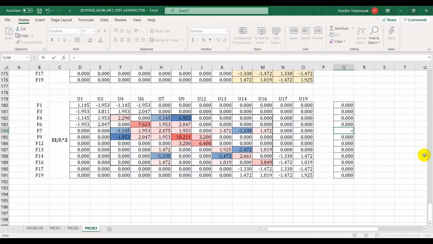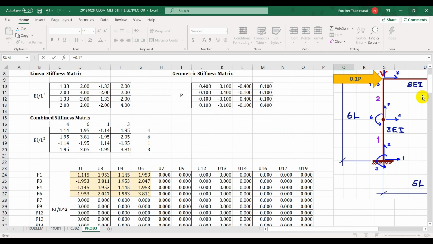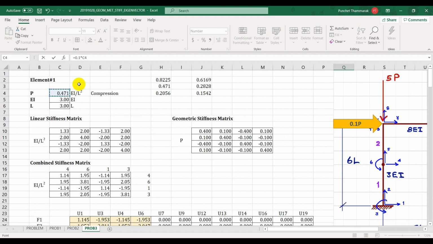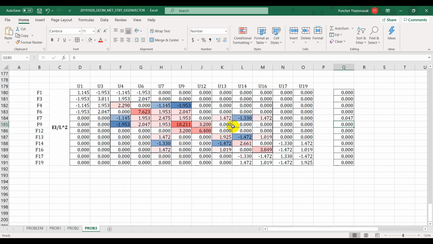So this is equal to 0.1 times the P, which is this one, applied to the right hand side.